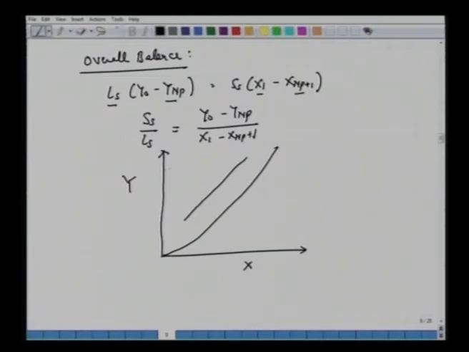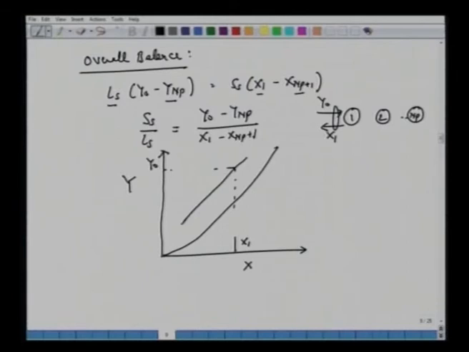Okay, so starting from the overall balance, if here this is y0, so we are talking of stages 1, 2, and at the end we have np. So y0, which is here, and we have x1 here. So two phase concentrations, two streams, y0, and now we have this x1.